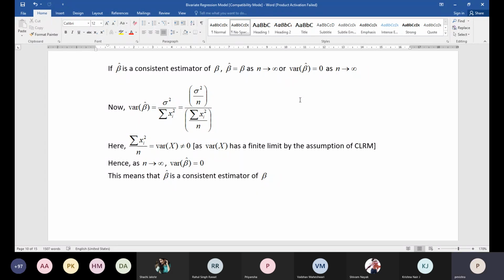Remember one thing, this variance part of x is very important. As I said in one of the classes, what exactly are we trying to do in regression analysis? We are trying to explain variations in y in terms of variations in x, how changes in x are causing changes in y.